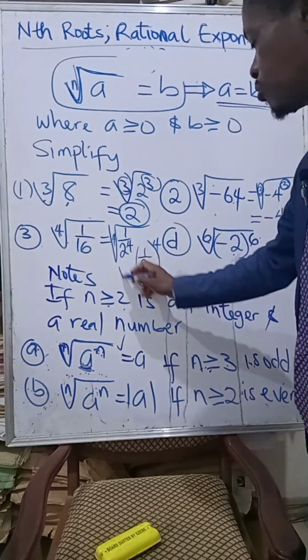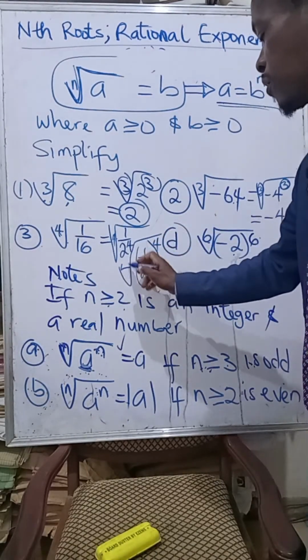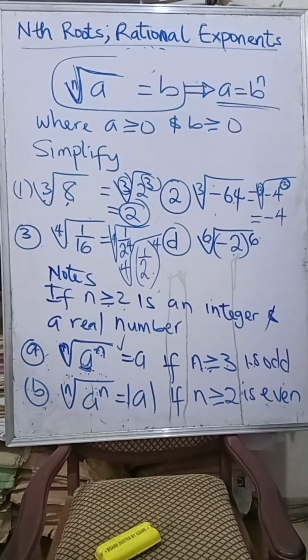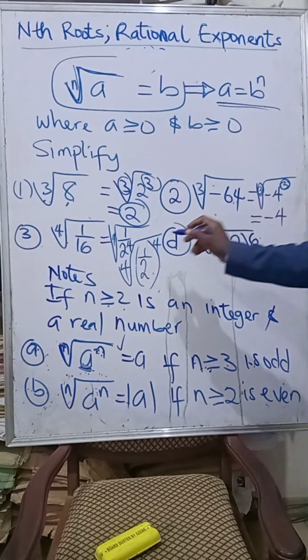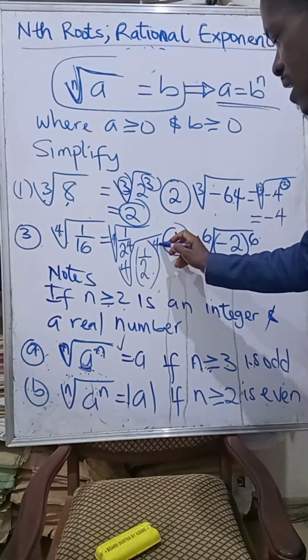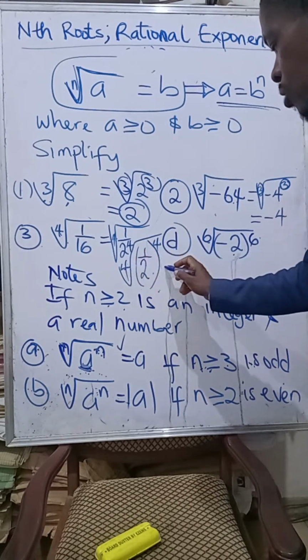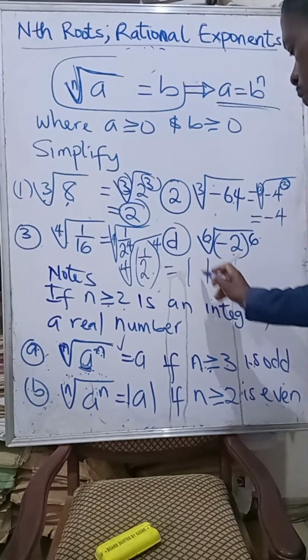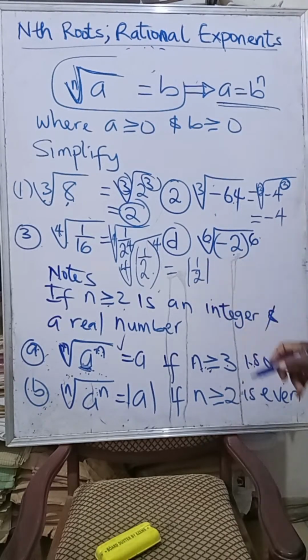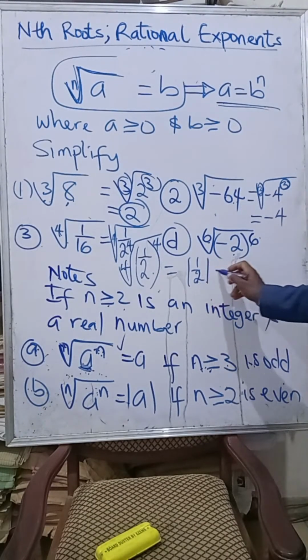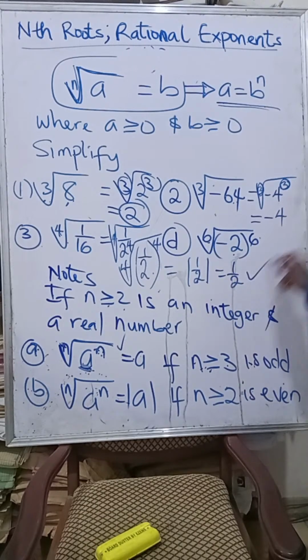Then you put your root and put your 4 here. So the n here is even and it's equal to this one. So it's going to be the absolute value of 1 over 2, and the absolute value of a positive is positive. So that's 1 over 2.